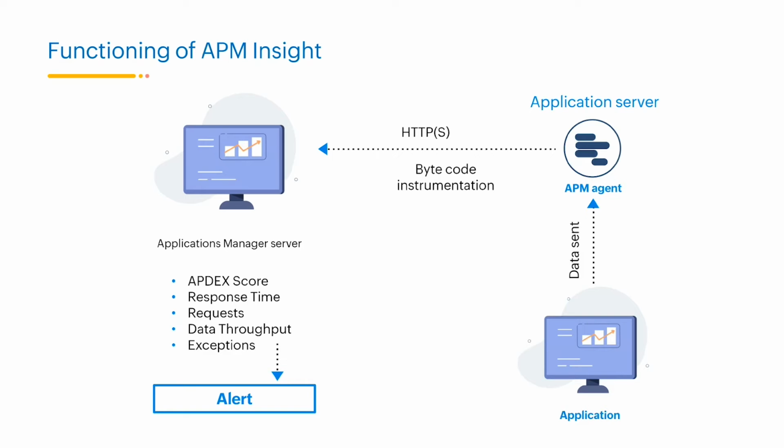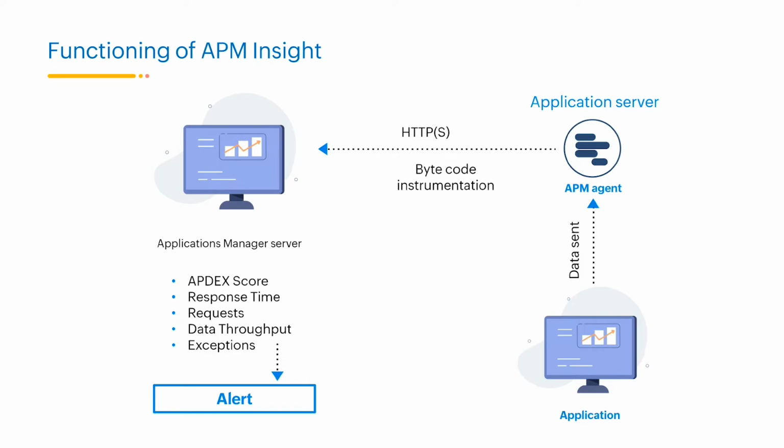The agent residing in the application server uses the bytecode instrumentation method and starts tracking the individual user transactions as they flow through the application stack and sends it to the Applications Manager at a fixed time interval. This allows for detailed monitoring of transaction performance and helps to identify any bottlenecks or performance issues.